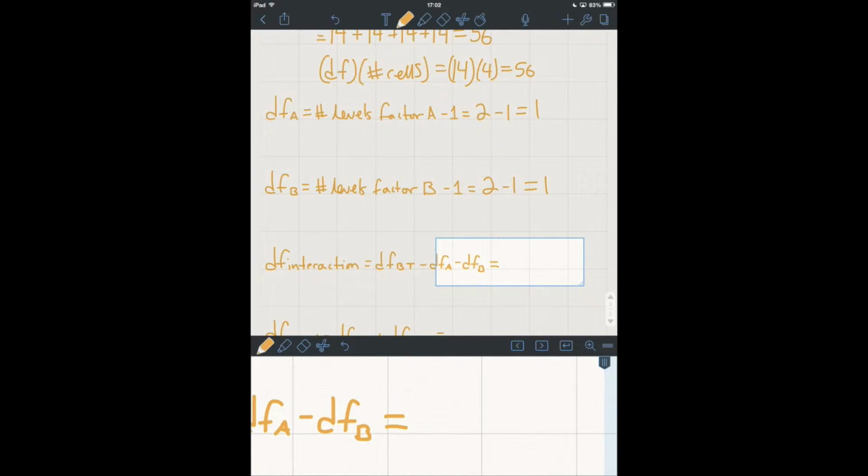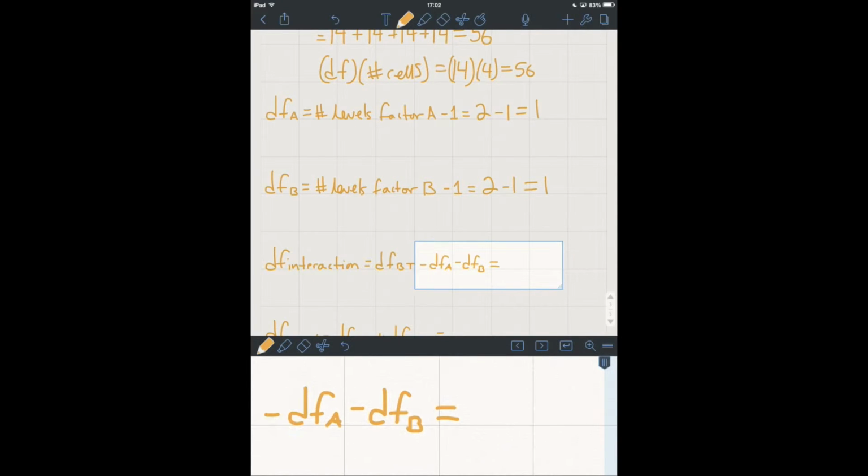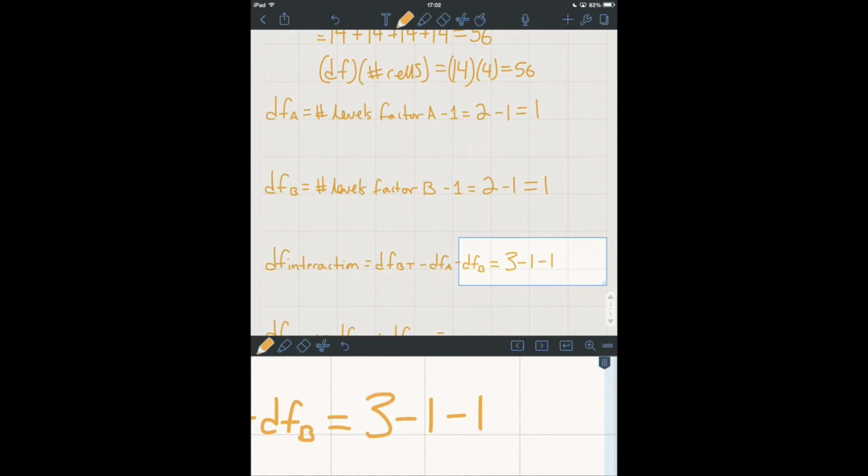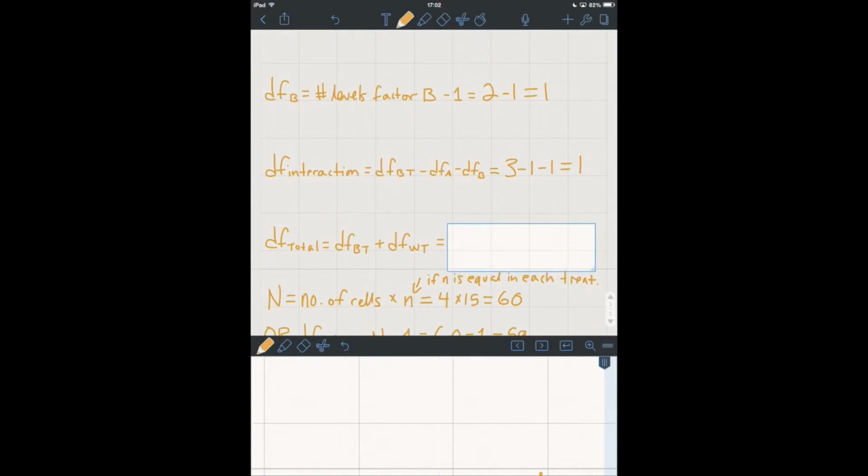And for the interaction, it's simply the degrees of freedom between, which was 3, minus degrees of freedom for factor A, which is 1, minus degrees of freedom for factor B, which is 1. So we have 3 minus 1 equals 1. So all of those have 1 degree of freedom each.